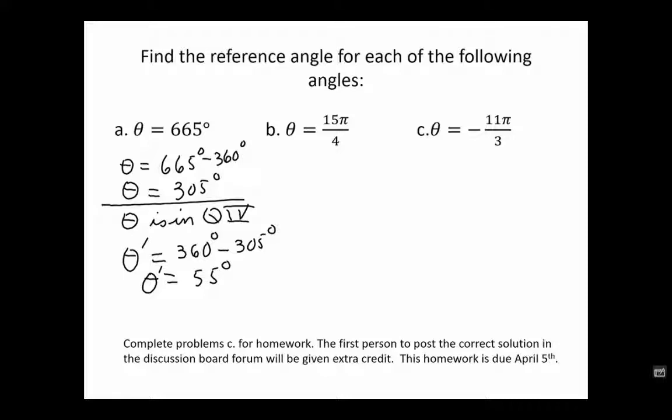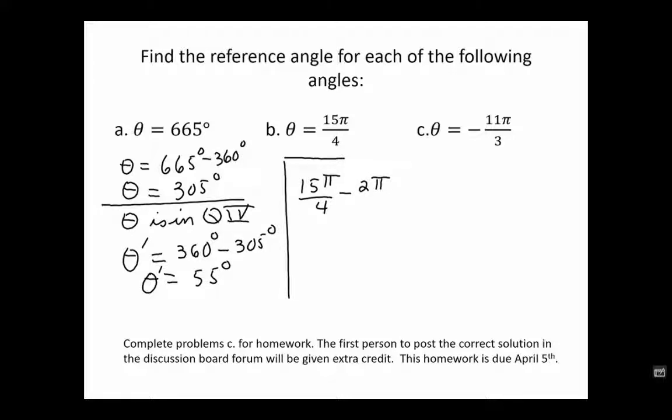In part B, theta is 15 pi over 4, and we need to find a reference angle. Again, the first thing to do, let's find a positive coterminal angle with 15 pi over 4. All right? So to get a positive coterminal angle for 15 pi over 4, we're going to subtract 2 pi.